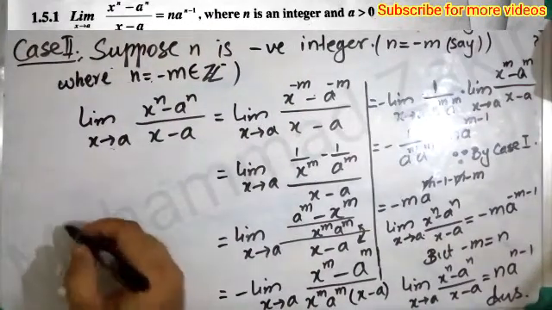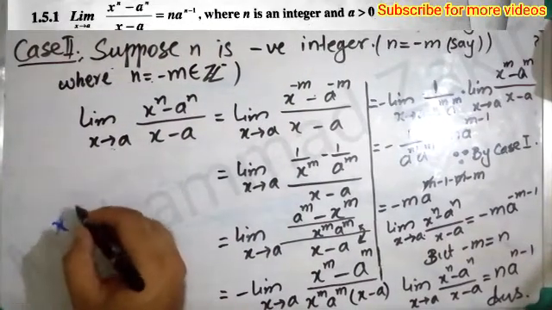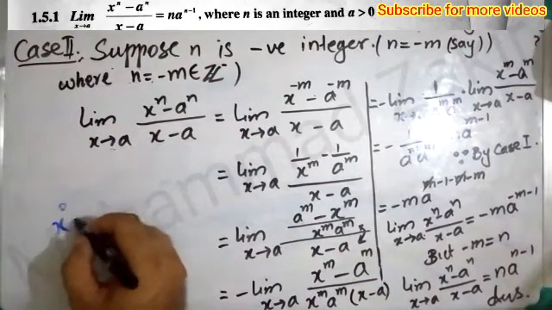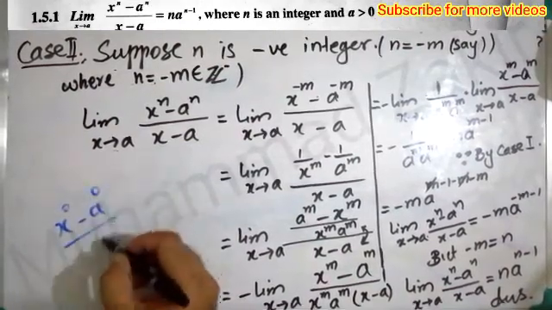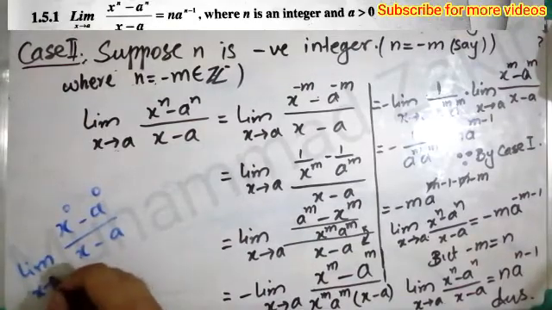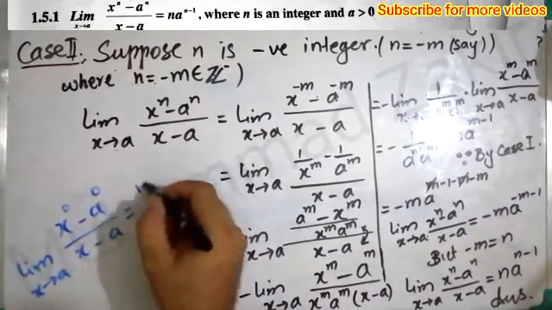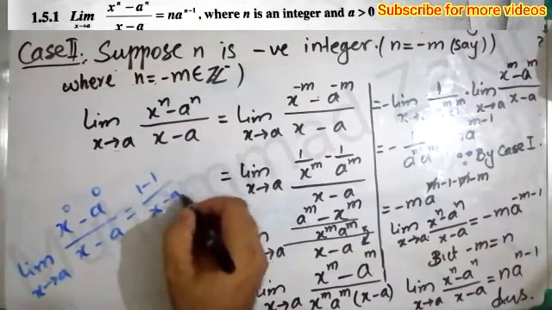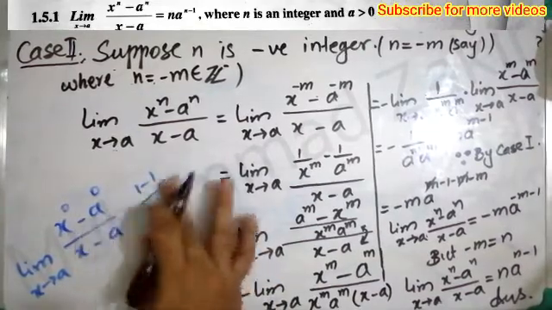Now if we substitute the value of n as 0, then this structure reduces to this form, x⁰ minus a⁰ is 1 minus 1 by x minus a, with the limit continuing.